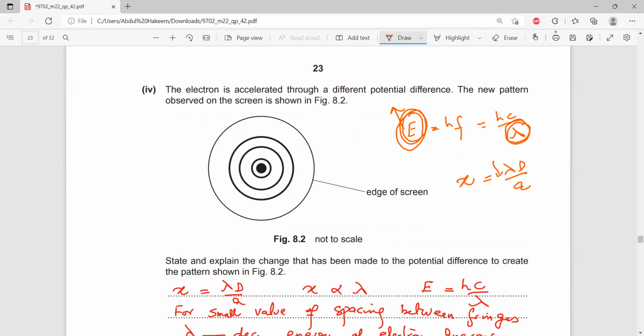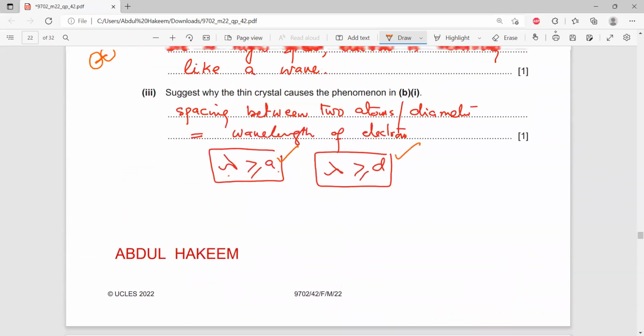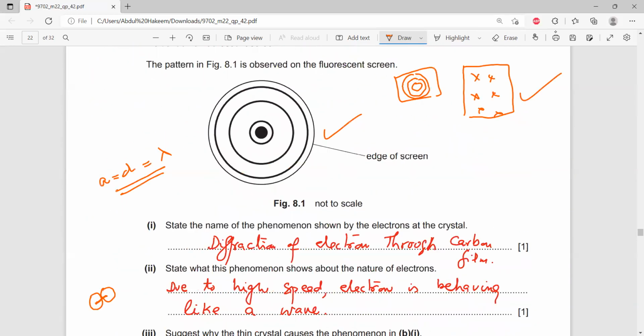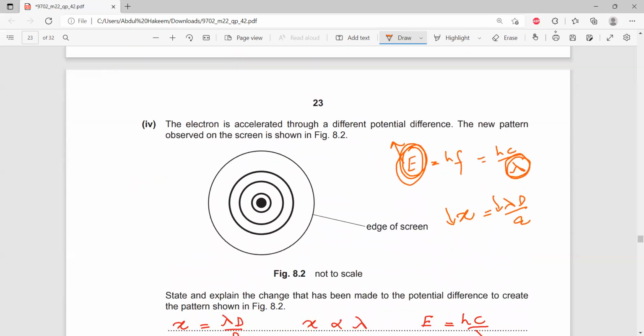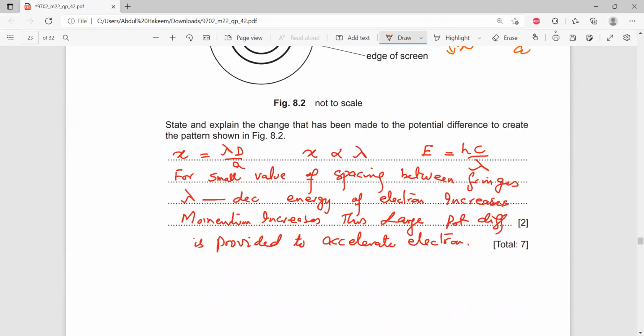When the lambda decreases, the fringe spacing decreases. Look at this. That's why these fringes are close to each other as compared to the previous. Look, this gap is large, and here the gap is small. Small gap, small wavelength, and small wavelength means a large amount of energy, and this energy is due to the potential difference. So same explanation here.